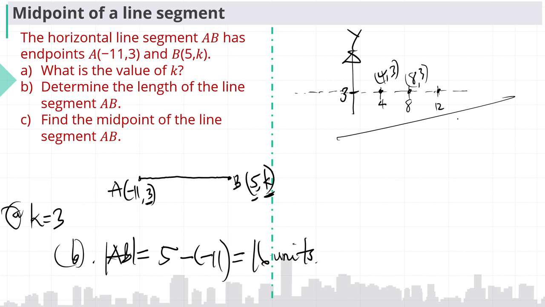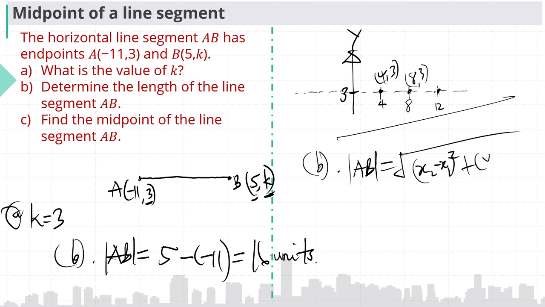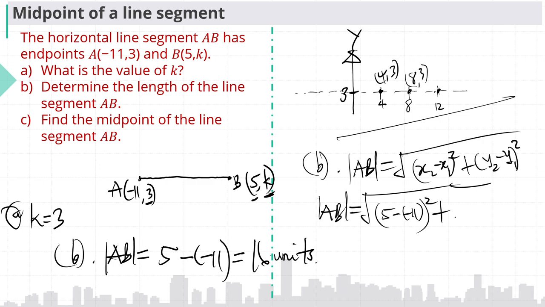Now, a person may decide to solve question B using the length formula, square root of (x2 minus x1) squared plus (y2 minus y1) squared. This other method will yield the same result. What is x2? x2 is 5 minus x1, all of this squared, plus, what is y2? 3.